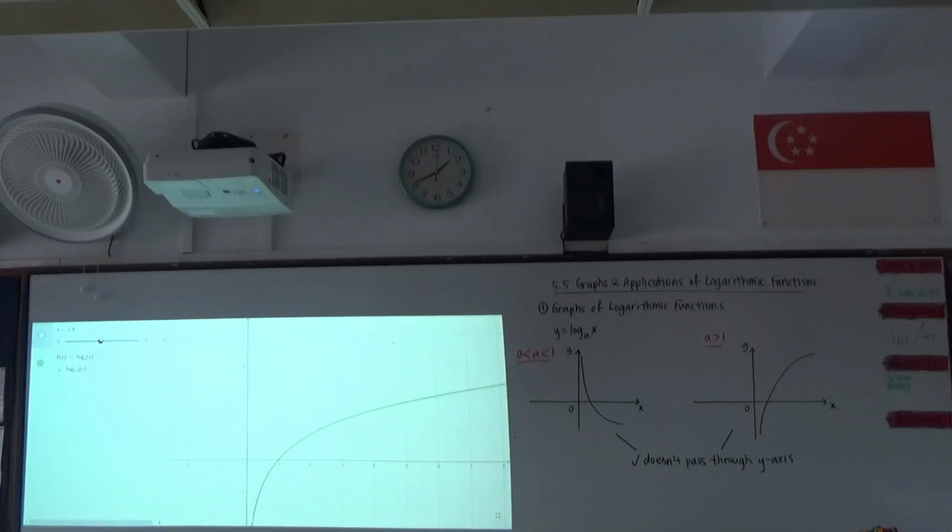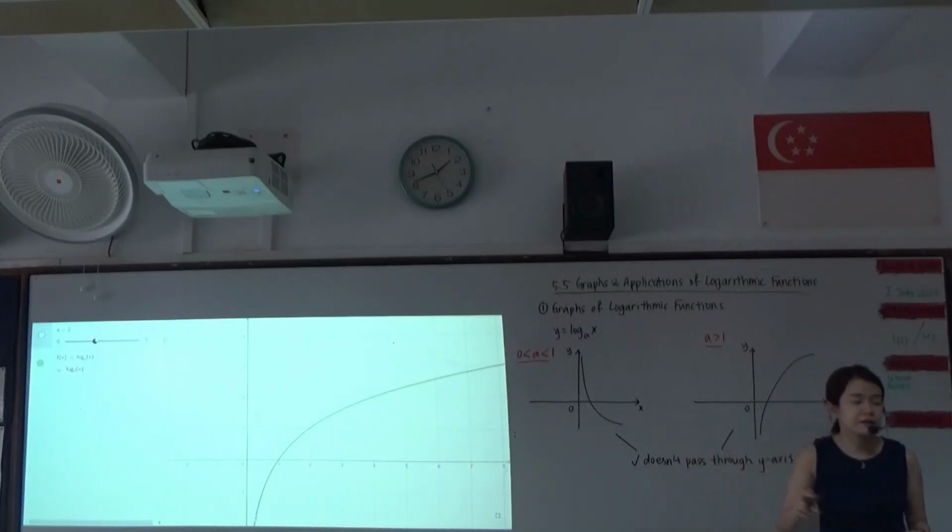Now, what else do you observe about the two graphs that happens for both graphs? For both shapes. Is there anything that is the same that happens for both? What happens at 1? Which one are you referring to? Sorry.